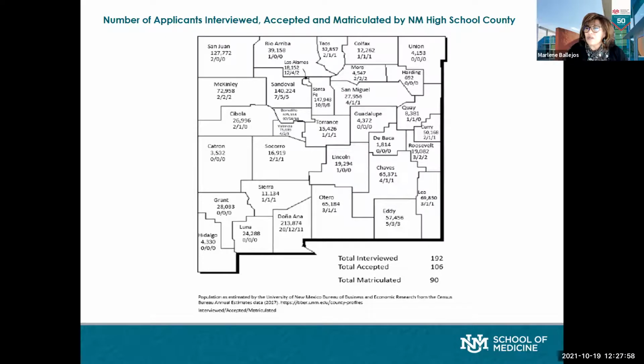This is one of the tables I pulled from our annual report. This table shows our state by county population according to the US Census Bureau. It allows us to see how many applicants interviewed, were accepted, and matriculated from these various counties, and we know the population of those counties.